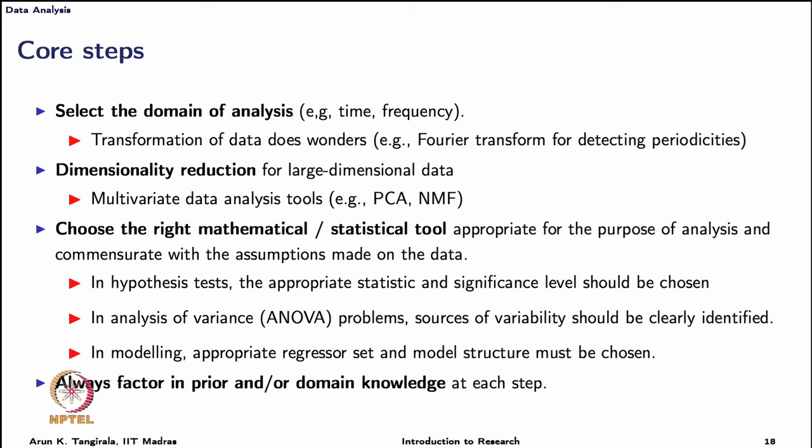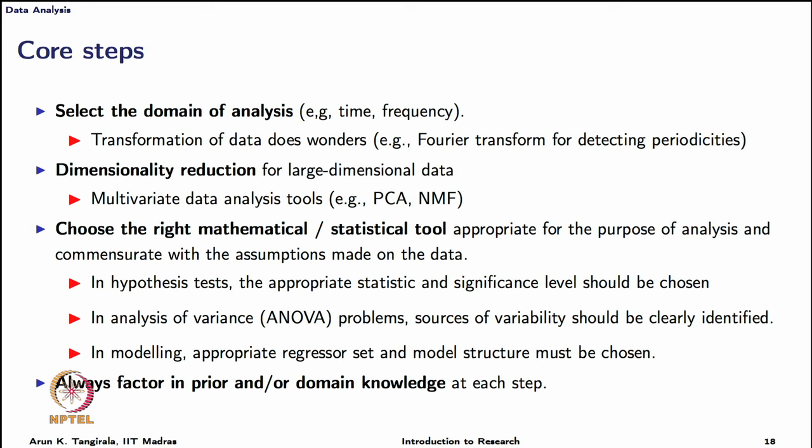Then the second one that we may have to take a decision on is dimensionality reduction, and particularly when we are looking at large dimensional data. This is now increasingly becoming common. It is not possible to analyze multivariable data in large dimensions, particularly when it goes to hundreds and thousands and so on, and they are very common today. And machine learning algorithms come very handy in this respect.